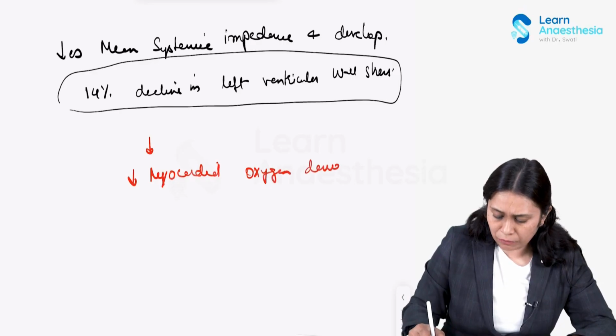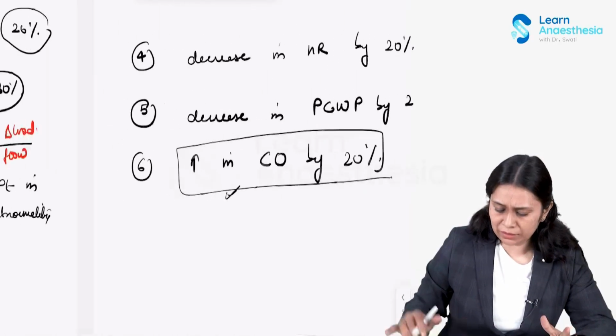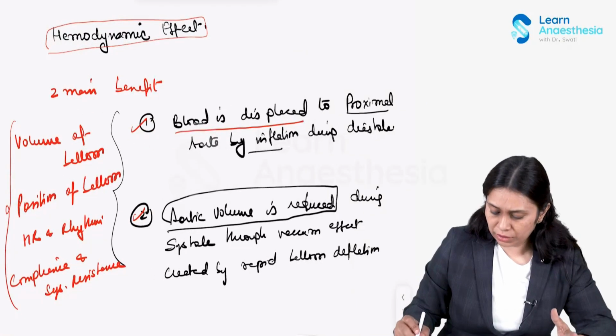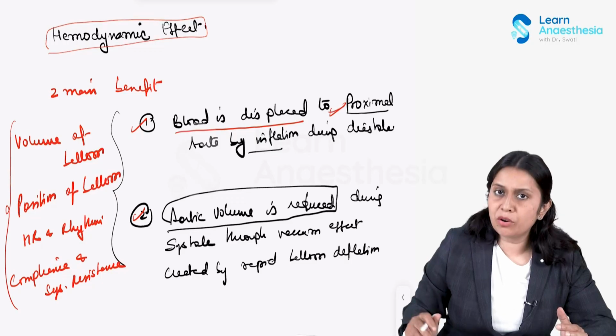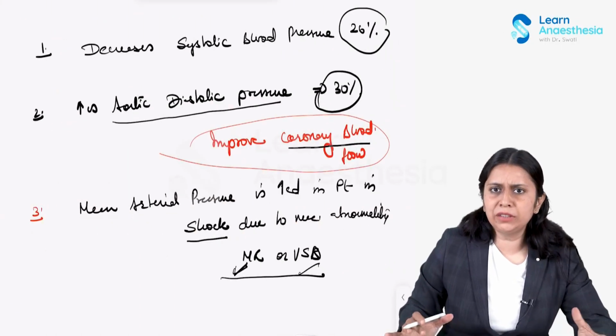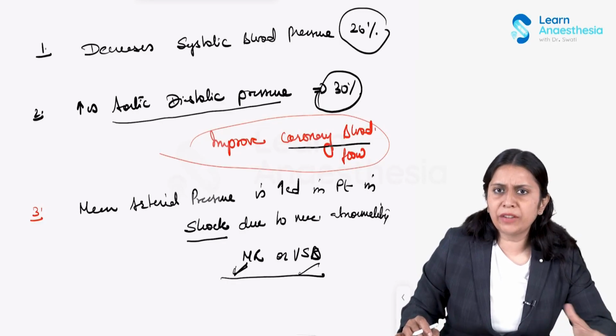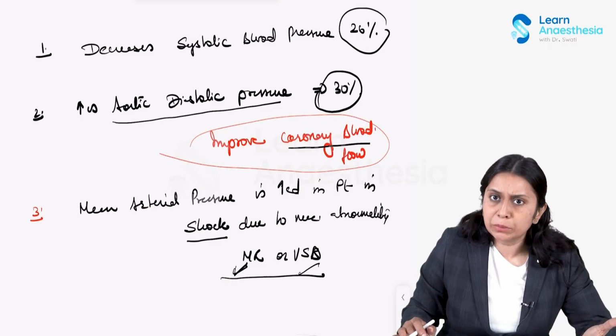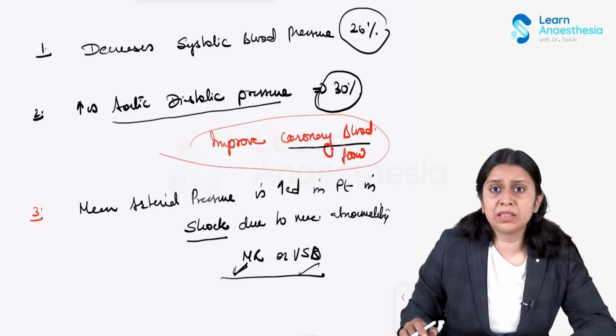Now one of the main benefits of the device is to augment the coronary perfusion, to displace the blood in the proximal aorta and improve the coronary perfusion. A number of studies have been done to see its effect on coronary perfusion, and the report is variable, from no effect to a maximal effect.